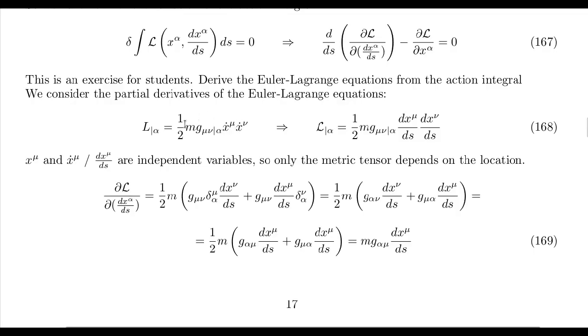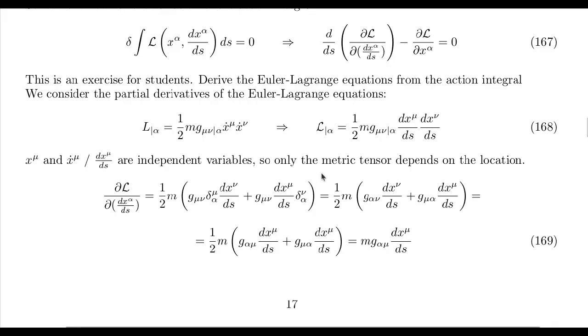So the only quantity dependent on the coordinates is g. And so we get for dL/dx alpha this expression with the derivative of g, written now with the parameter s. We have this here in the four-dimensional case.